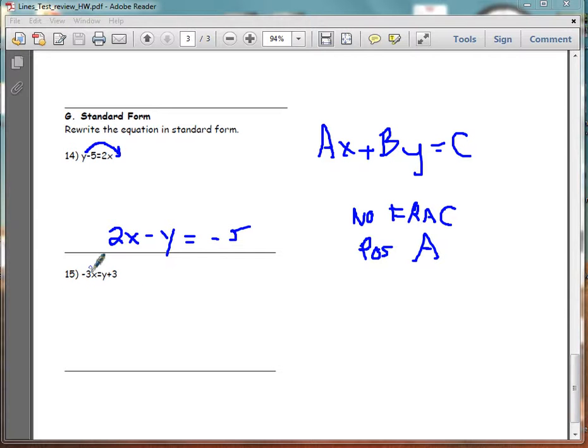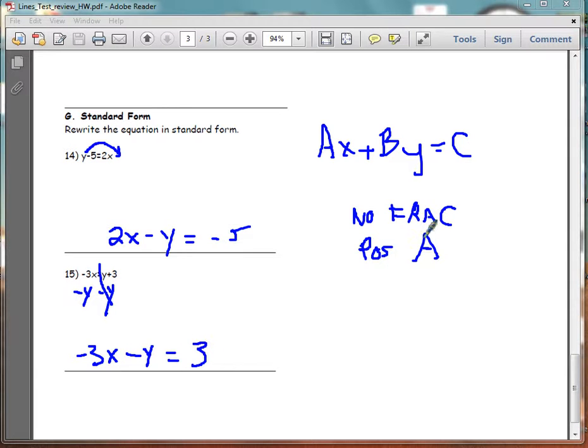This one here, you want a positive x, so 3x is going to end up on, well, you know what, there's a couple ways we can do this. Let's show you a different way. If we leave the x where it is, we get -3x, right? If you subtract y from both sides, you get a -y, those cancel, and you get equal to 3.